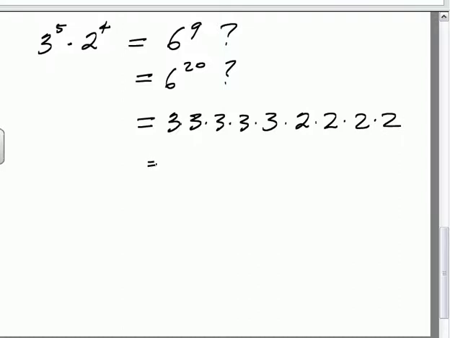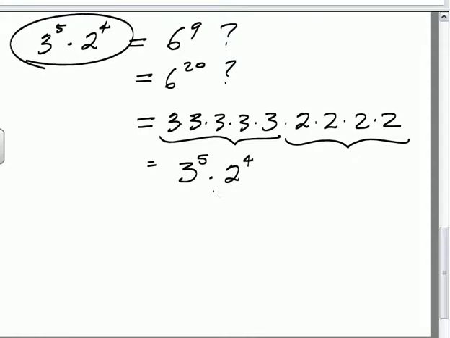All right, so can we do anything to simplify that? Well, you can take that 3 being multiplied times itself 5 times and write that as 3 to the 5th. And you can take that 2 being multiplied times itself 4 times and write that as 2 to the 4th. Remind you, there's where we started, there's where we ended.